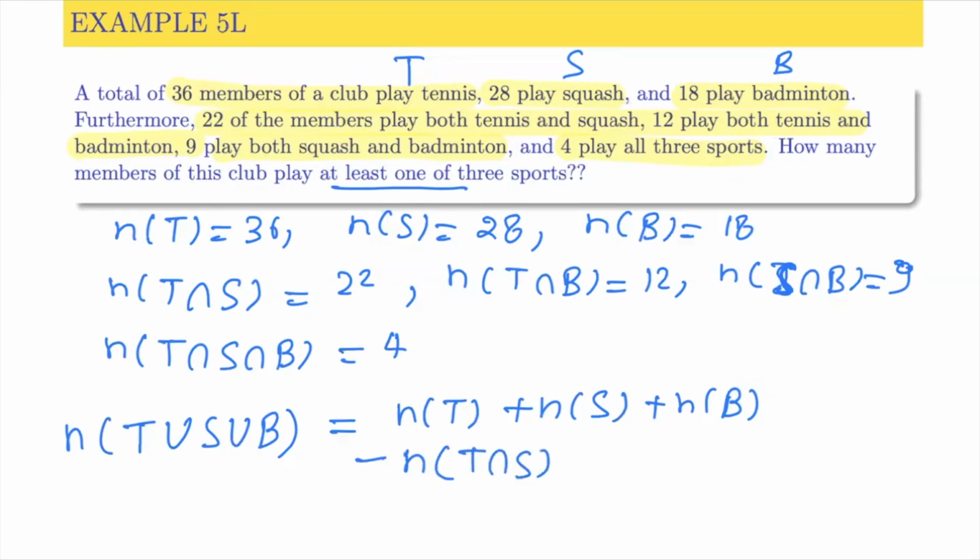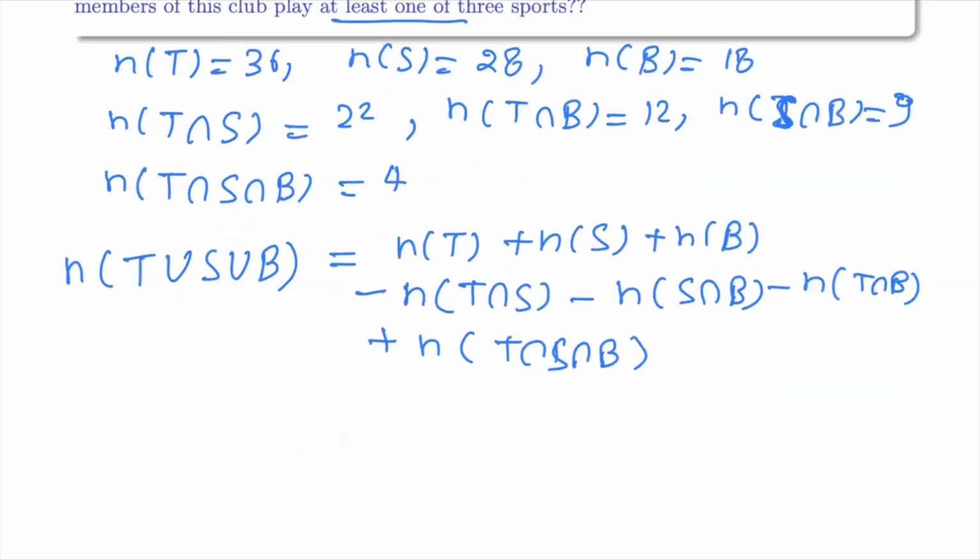So it is 36, 28, 18, minus 22, minus 9, minus 12, plus 4.